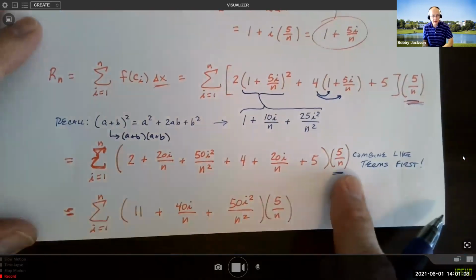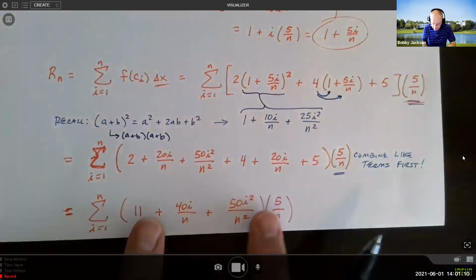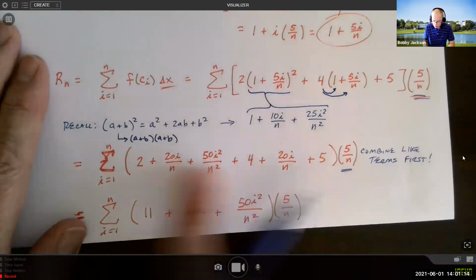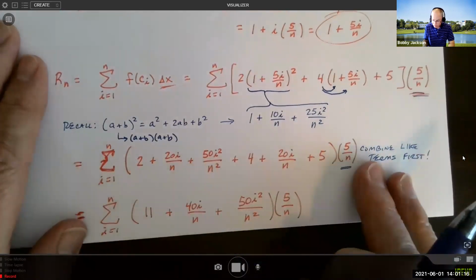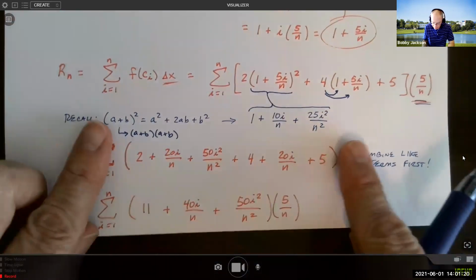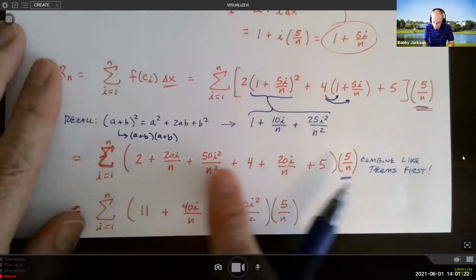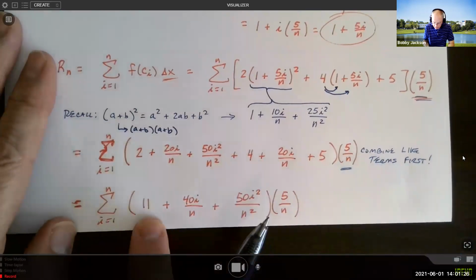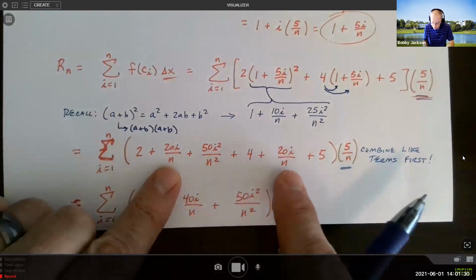So I combine like terms before I proceed. That's going to help. Don't try to just distribute the 5 over n and then use the linearity rules right away. Let's simplify. Notice in the parentheses here, 2 plus 4 plus 5. That's 2 plus 9 is 11, right? I get 11. So go ahead and combine like terms. 20i over n plus 20i over n.